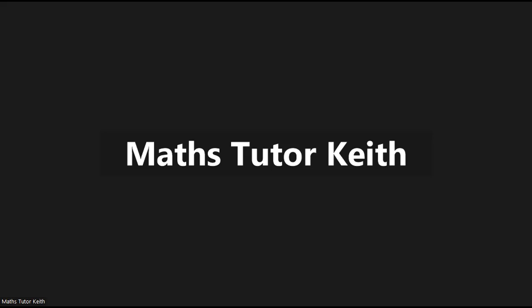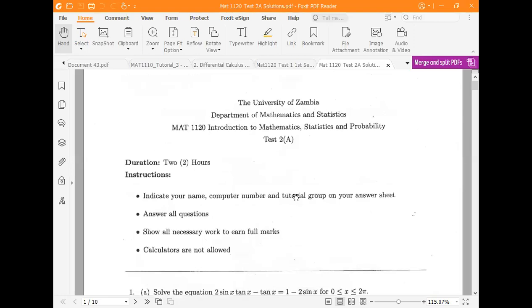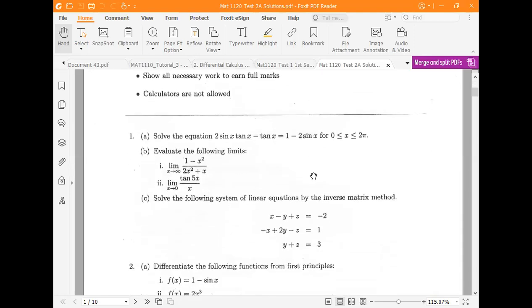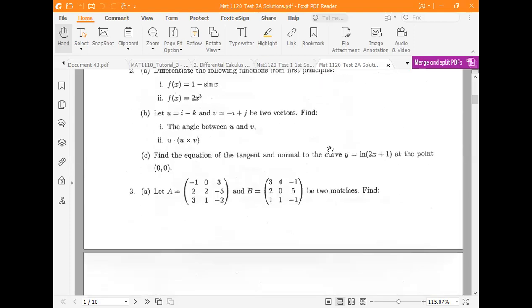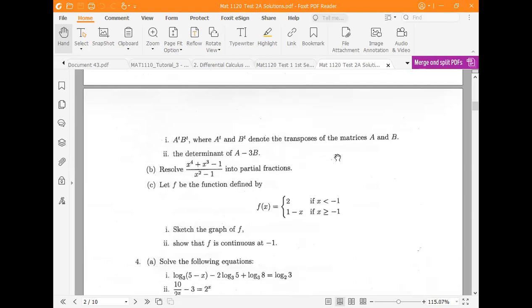Because again, if we look at 2A, and this is again test 2 from last year, let's see. No domain. Have you seen? No domain.